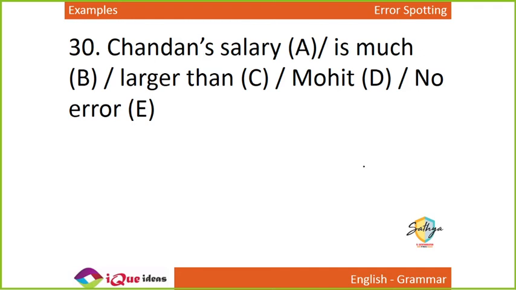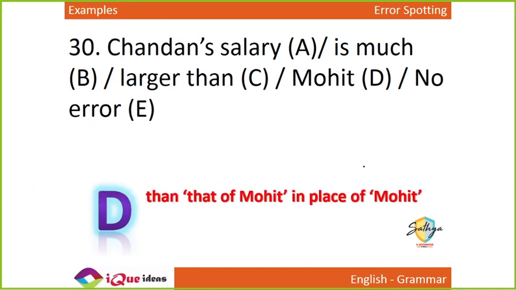Mohit is a human being. Chandan's salary is a figure, an amount. How can the amount be larger than a person? Right? Technically, either we say Chandan's salary is much larger than Mohit's salary, or Chandan's salary is much larger than that of Mohit. But you cannot compare a salary with a person.